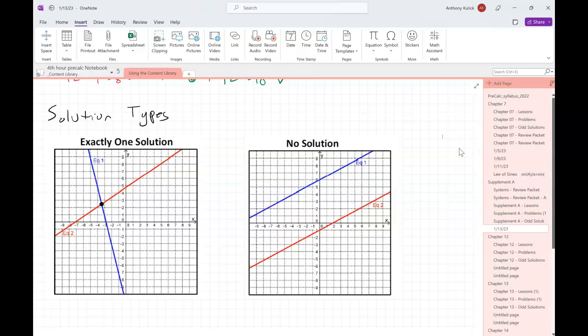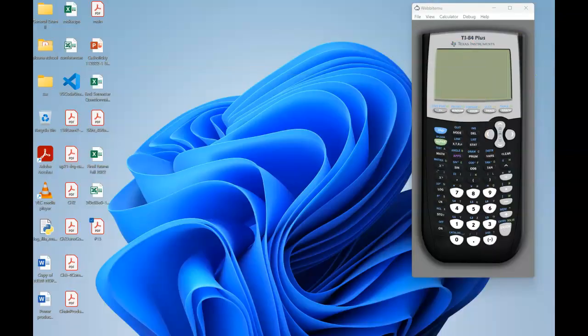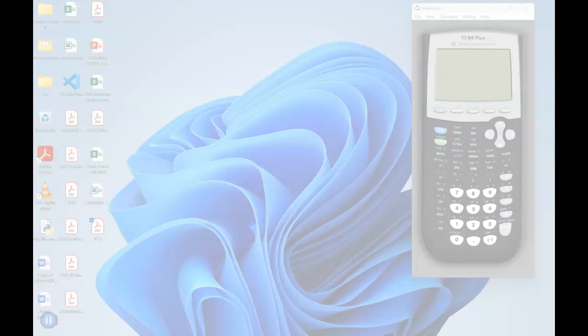Now there's one other possibility. So lines can intersect once. They can never intersect. And what else could happen? They could be the same line. Very good. So we call that coinciding.